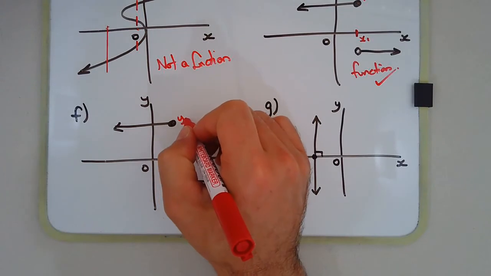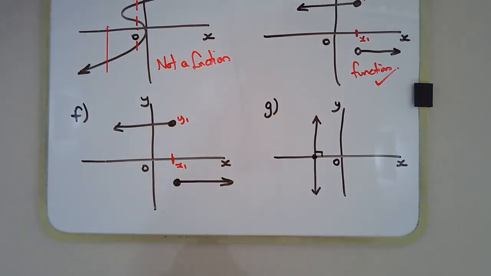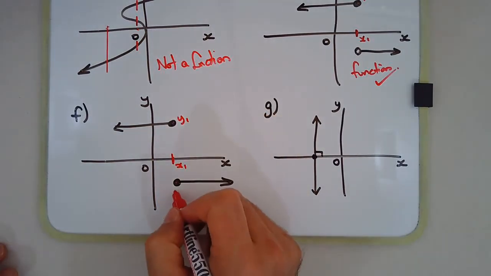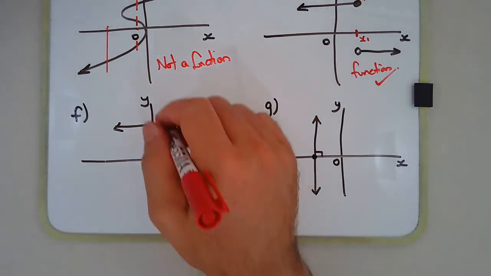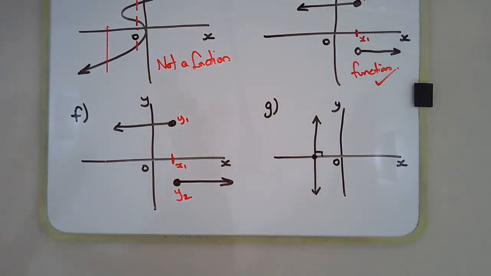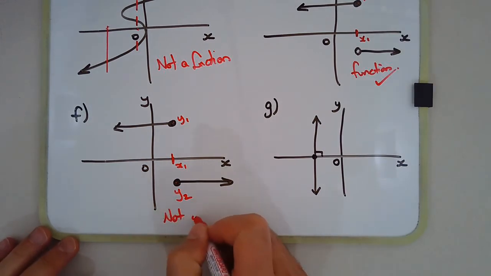So we could have a y1 occurring as an output. We can also have y2 occurring as an output as well. That's not a function, at least not in this area anyway. But because we're looking at the graph as a whole, we cannot say that this graph represents a function, unless we restrict the x values to particular regions of the graph.